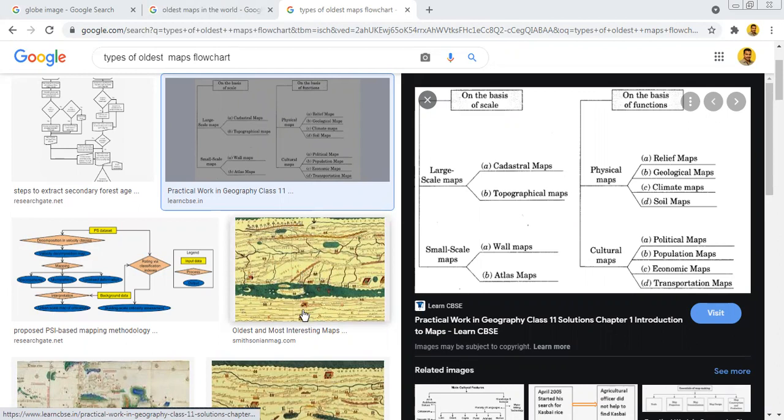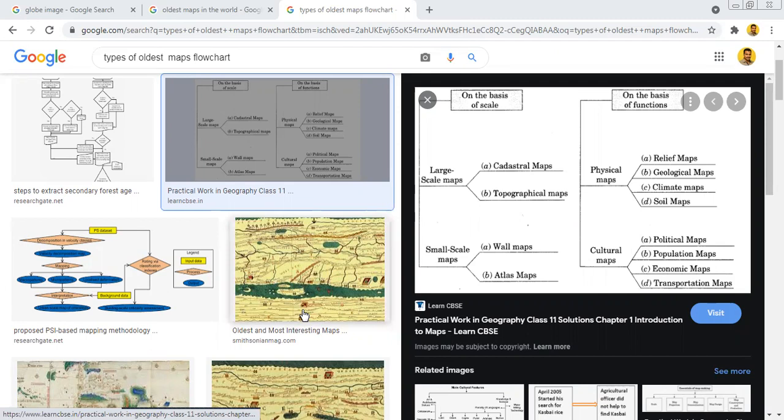We use maps to explain different information with the help of maps. We have different maps for different purposes. So nowadays people are widely using maps for different purposes.